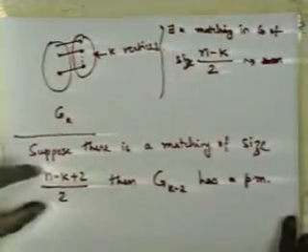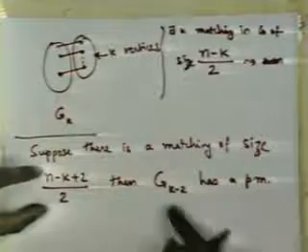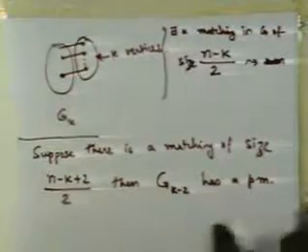Let me just refresh. Supposing there is a matching of size (n minus k plus 2) by 2, then we have to show that G of k minus 2 has a perfect matching, right?